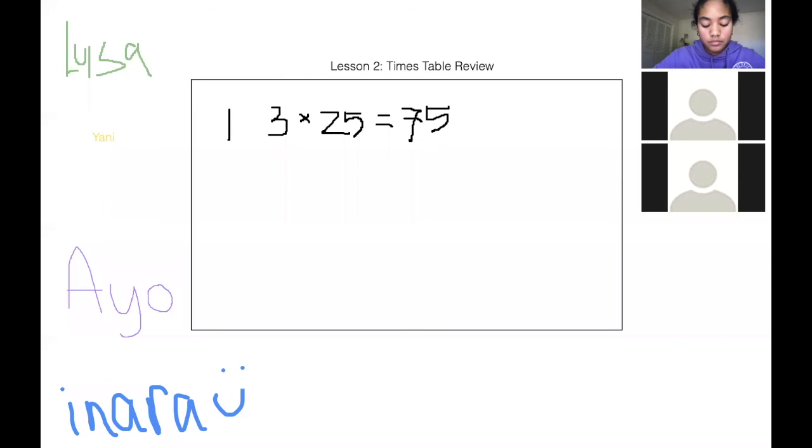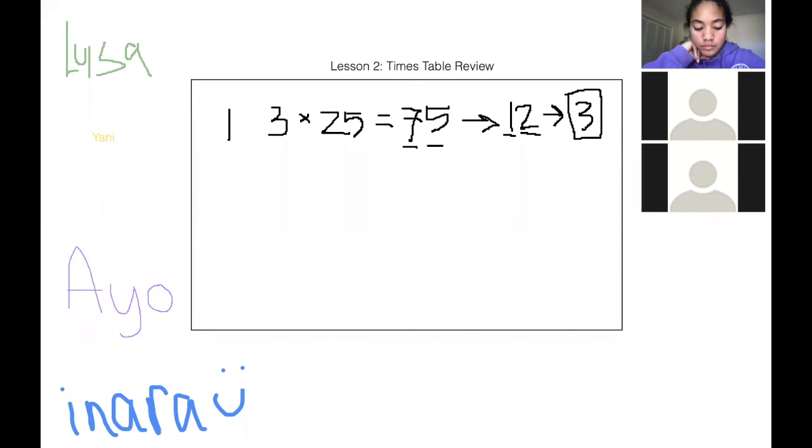And if you add up the digits 7 plus 5, that equals 12. But then you have to keep going, so you add up the digits 1 plus 2, which equals 3. And that is how our rule of multiples of 3 still applies.